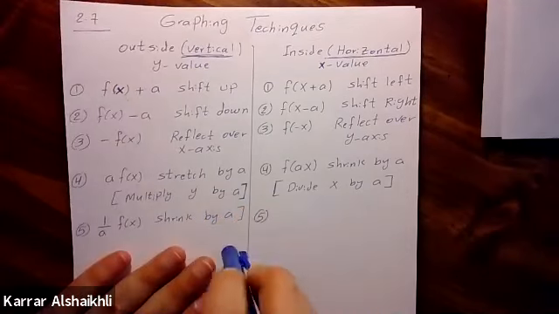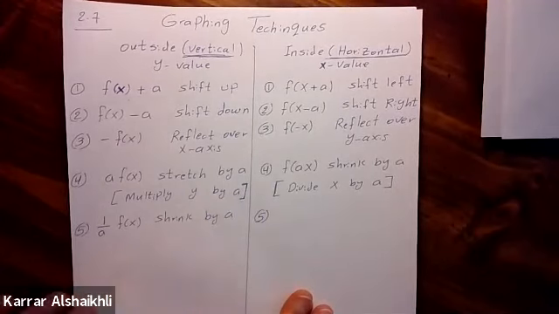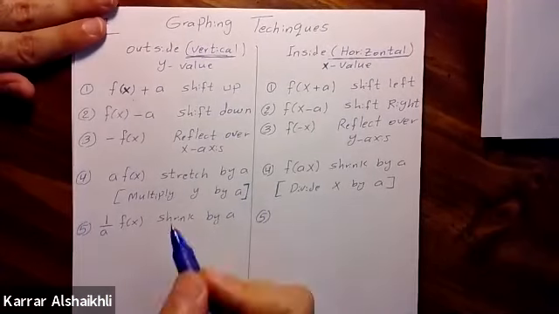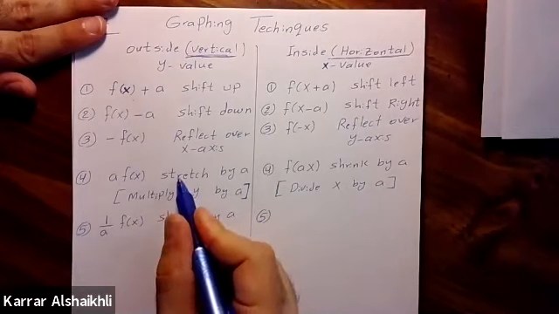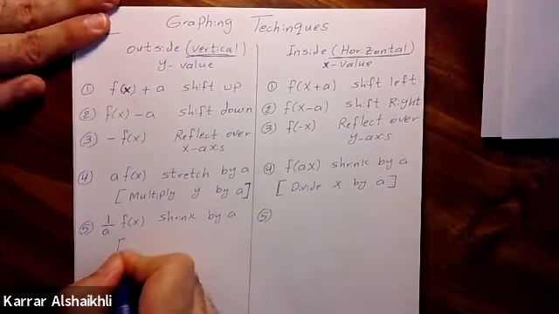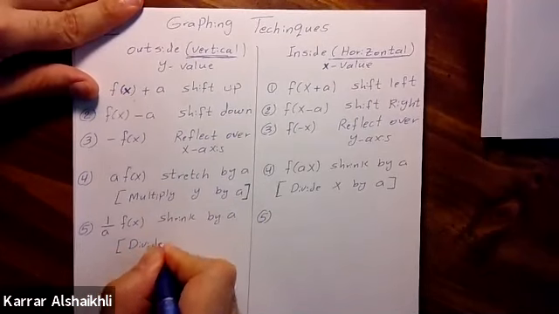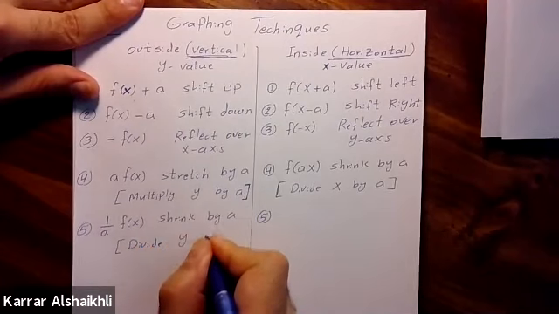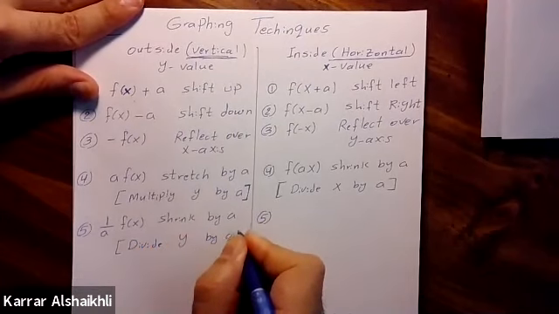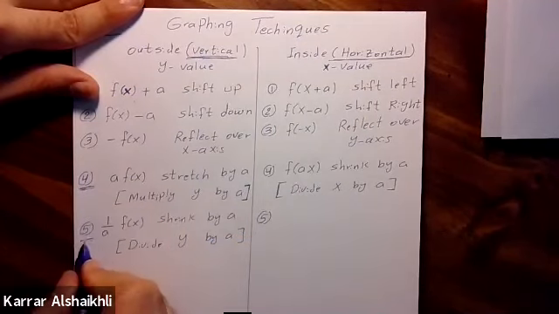How are we going to do that? If it's a shrink by a, when we graph it, here with stretch, we're going to multiply y by a. Here, when it's shrink, we're going to divide y by a. So be careful with these two techniques when you graph it.